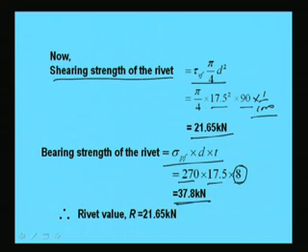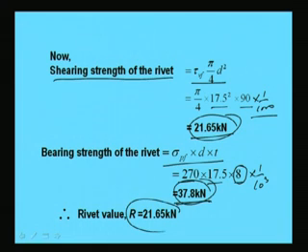So, the thinner one we have taken, and this is coming as 37.8 kilonewton. So, out of these two we are getting the lesser one as 21.65 kilonewton. So, in this way we can find out the rivet value.